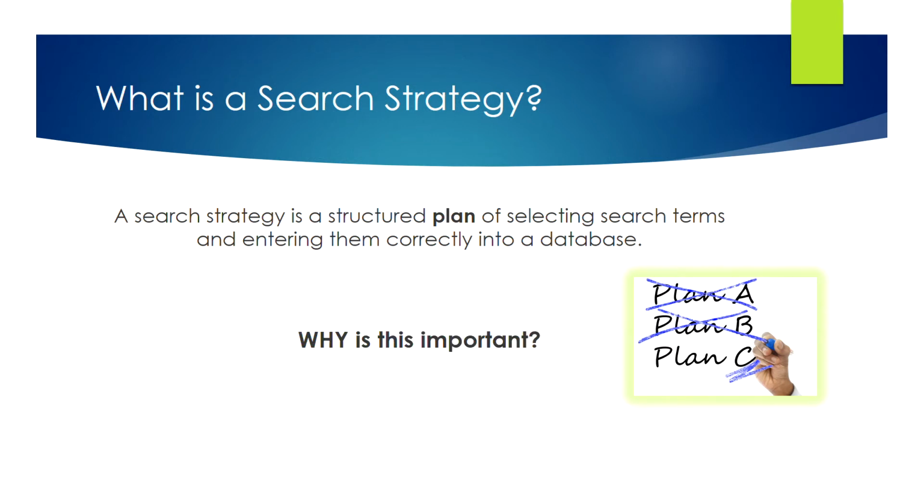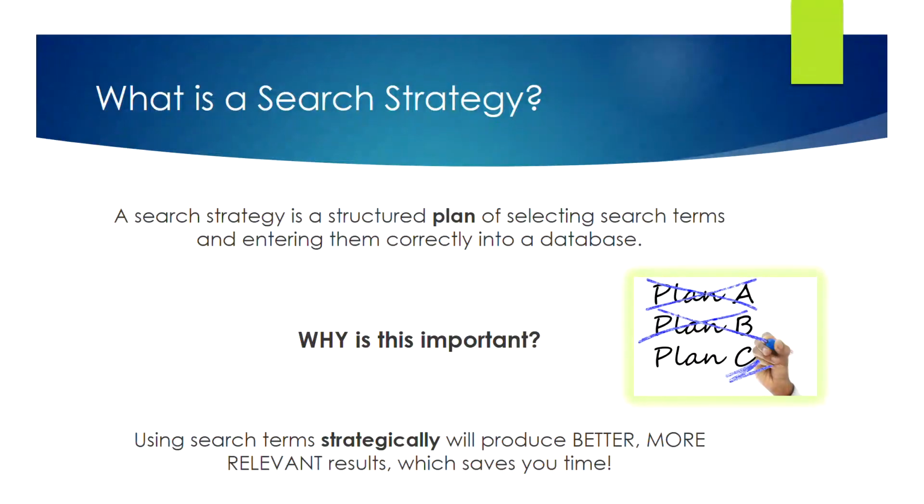You might be wondering, why is this important? Well, because using search terms strategically will produce better, more relevant results, which saves you time. Essentially what happens is if you don't choose correct keywords or you don't know how to properly enter them into the database, you will get pages and pages of articles or books, whatever resources you're looking for, that are irrelevant or not really related to what you're trying to find.